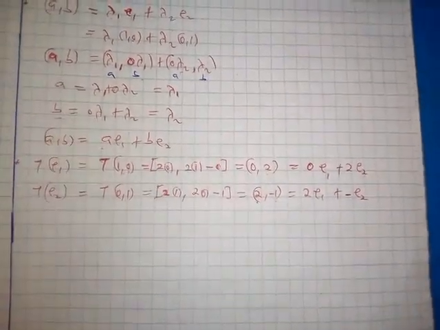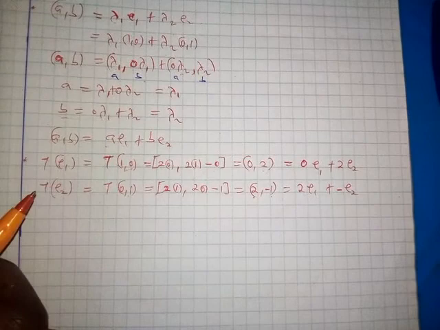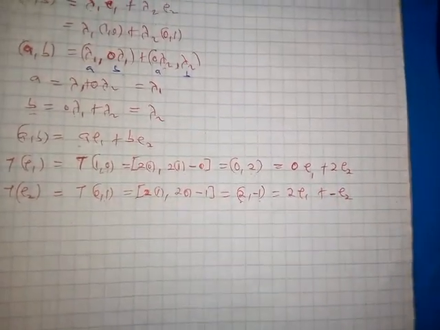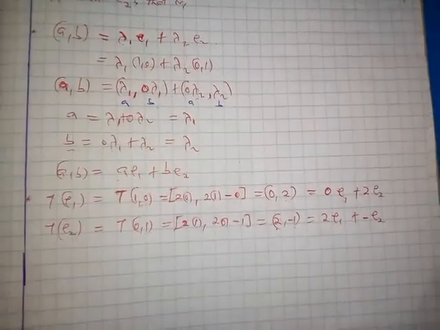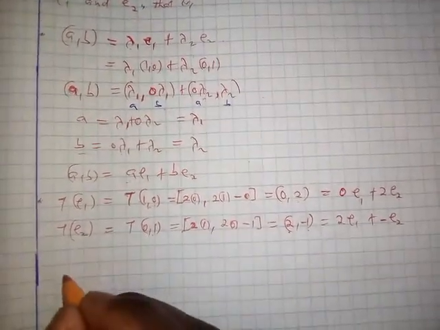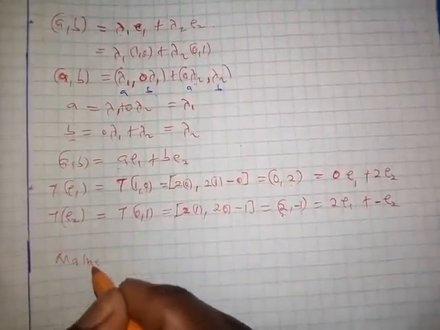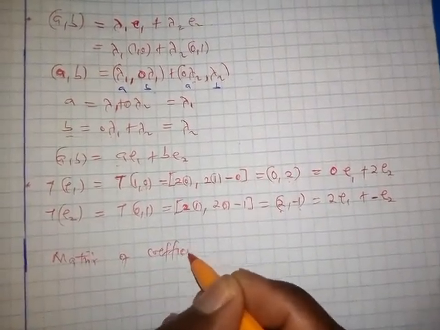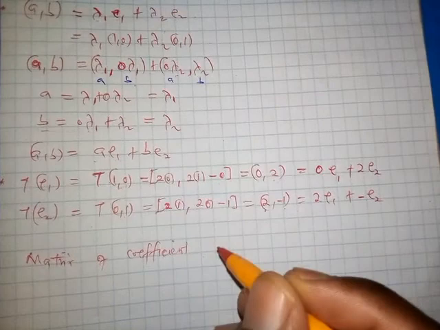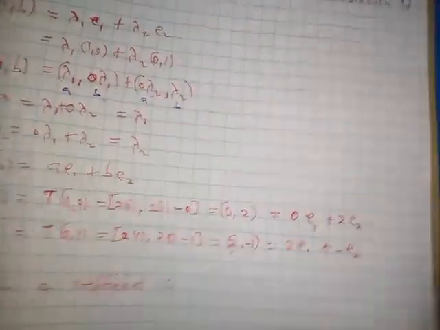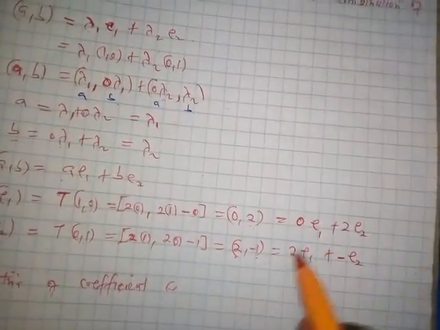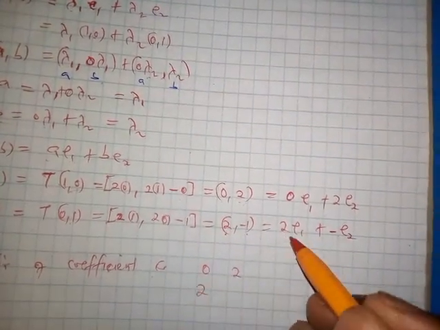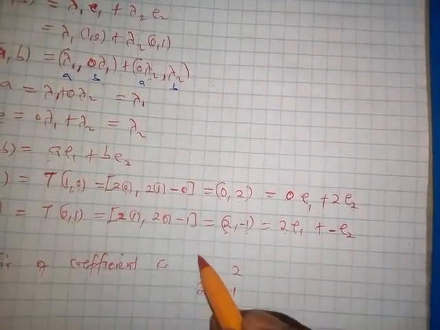So at that point, we now write the matrix representation of the coefficients. The matrix of coefficients is, we just copy, (0, 2; 2, -1).